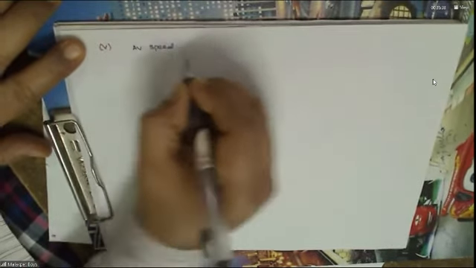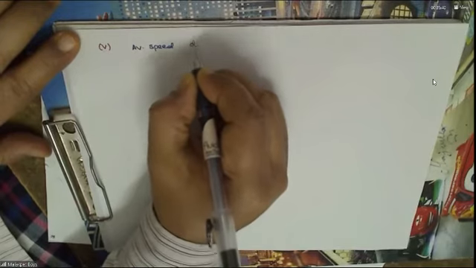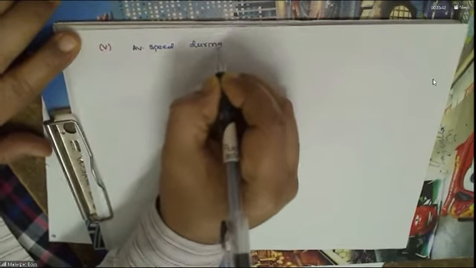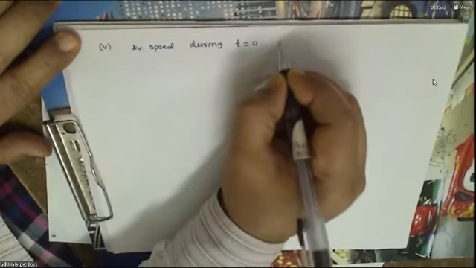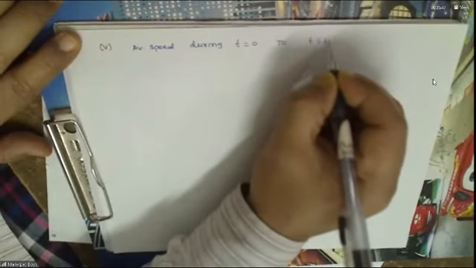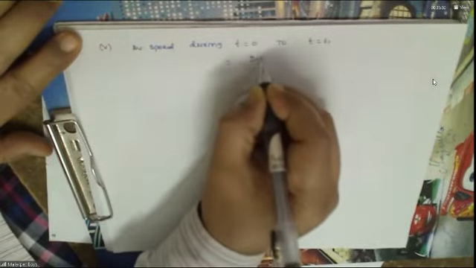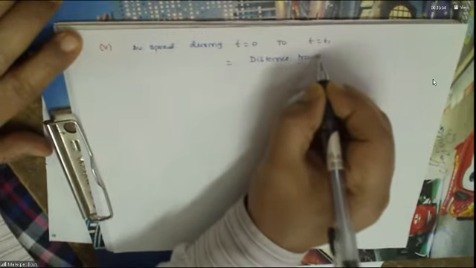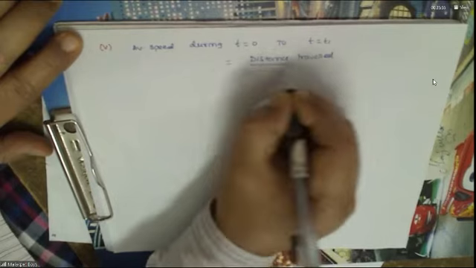Average speed during t equals 0 to t equals T1 is distance traveled by time.